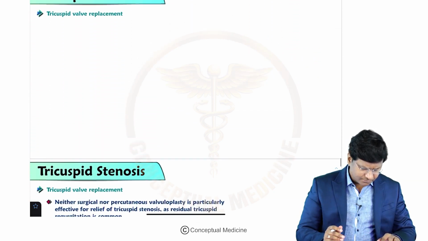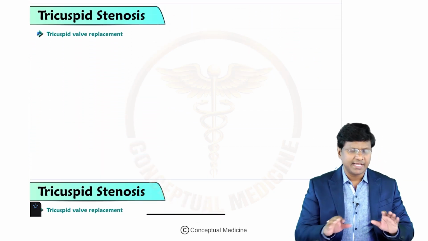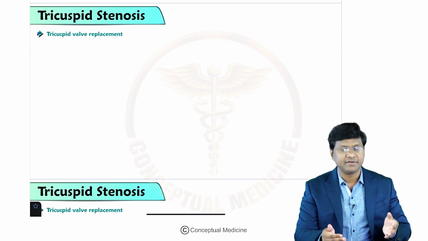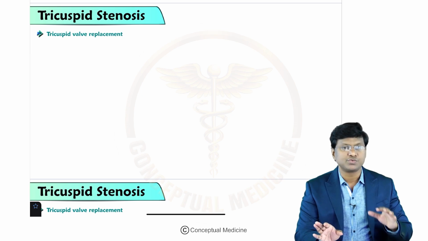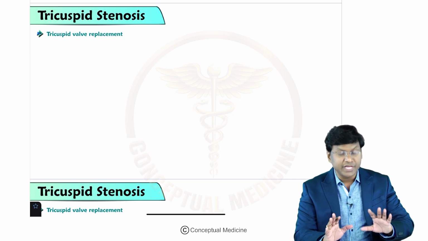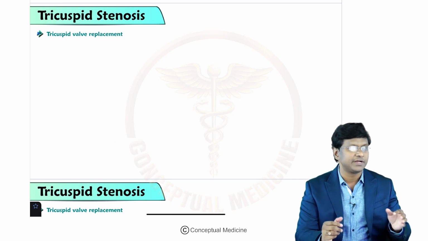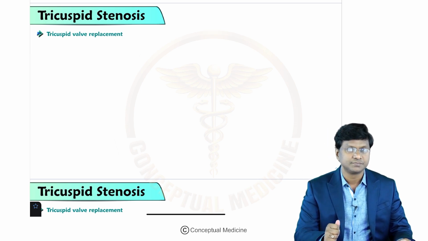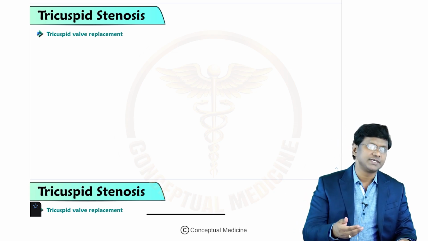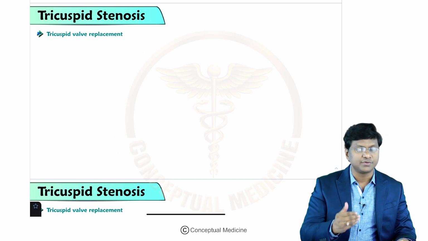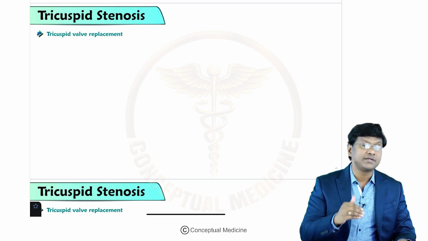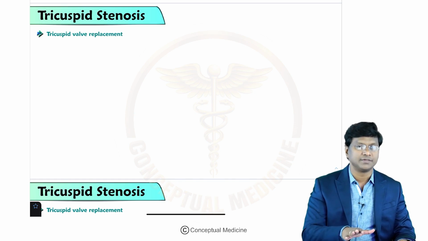See, any of these procedures, that is surgical tricuspid valve replacement or percutaneous valvuloplasty, are not highly effective for relief of tricuspid stenosis. Why? Because even though you do surgical tricuspid valve replacement or percutaneous valvuloplasty, there may be residual tricuspid regurgitation, which is common.